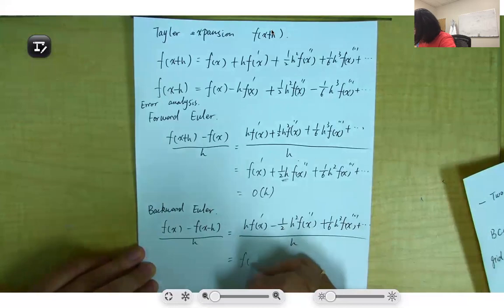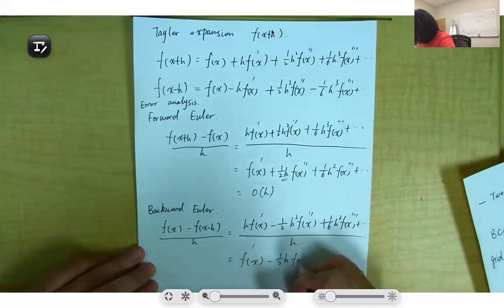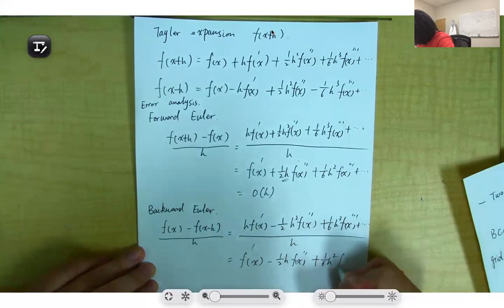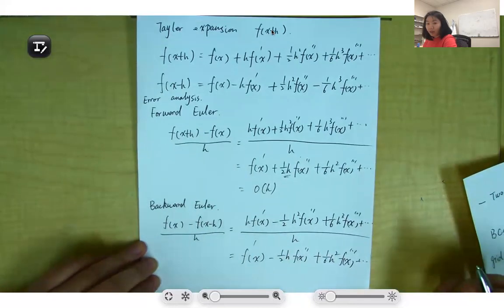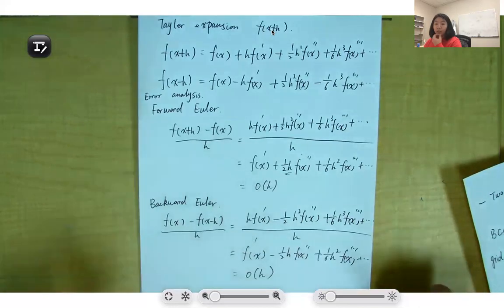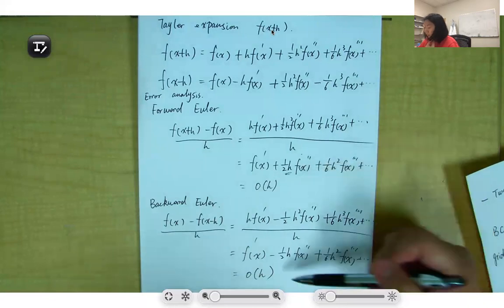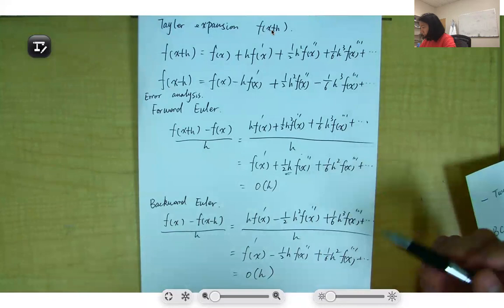That is f'(x) minus half h f''(x) plus 1 over 6 h squared f'''(x) plus and so on. Okay, and this is also on the order of h. So the backward Euler and the forward Euler have similar error, which is on the order of h.